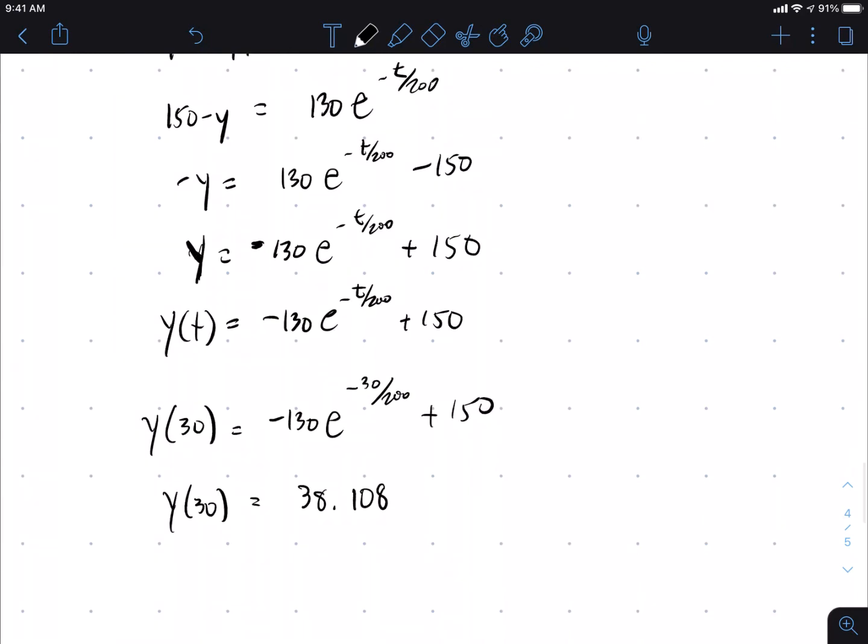And what are these? Kilograms. It's just kilograms. So after 30 minutes, the salt content has almost doubled. Isn't that cool? Pretty cool.